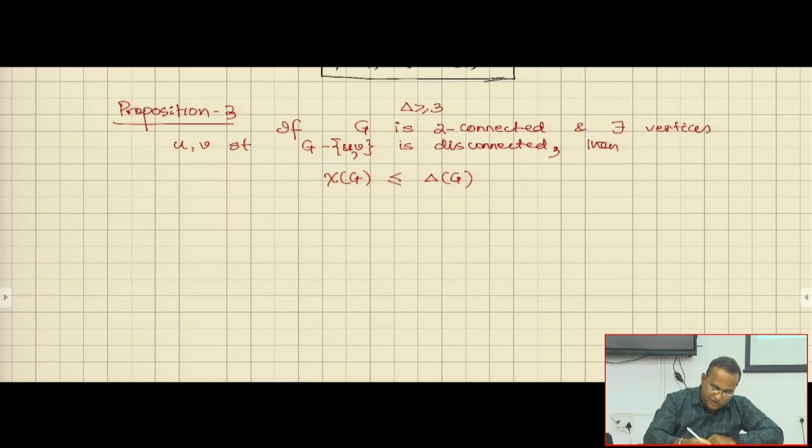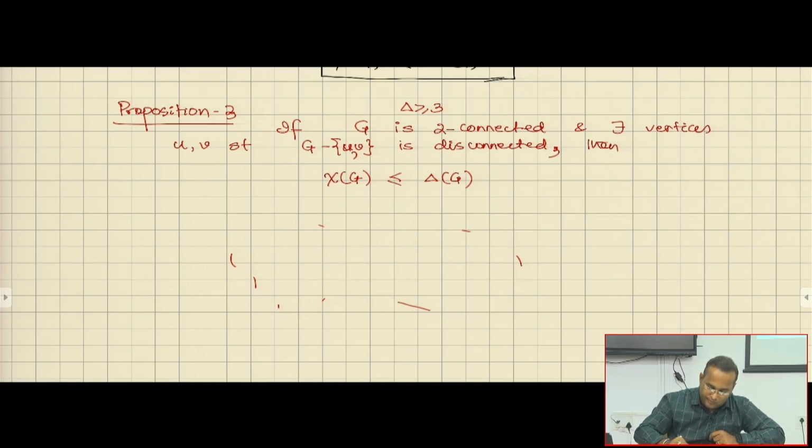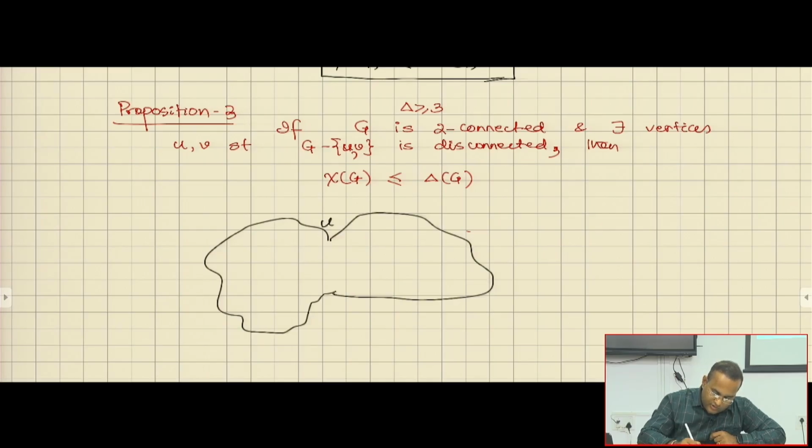Let us try to see what will happen if this is our graph and we have U and V such that it is disconnected.